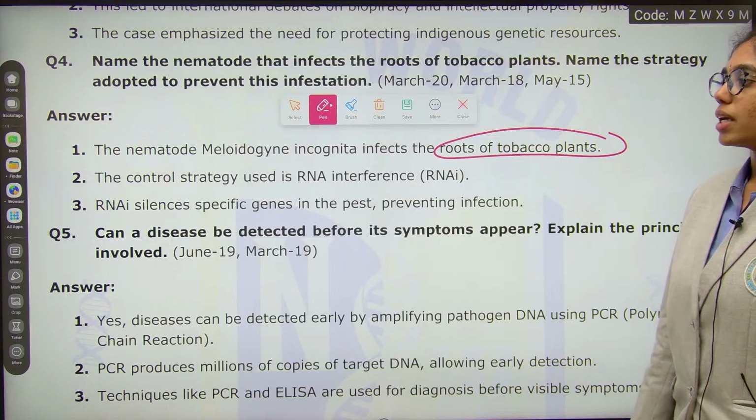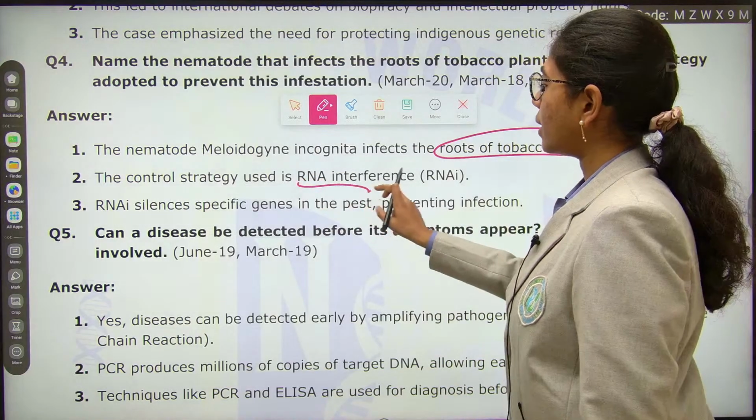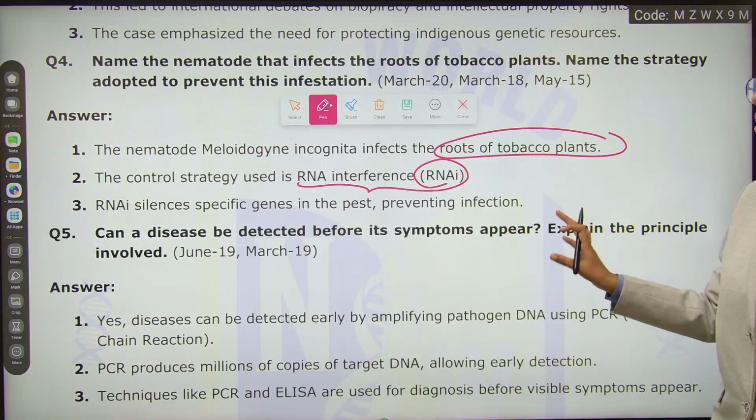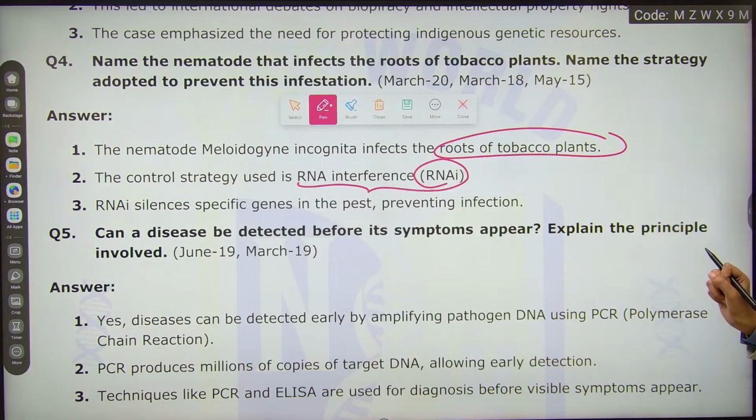The control strategy used is RNA interference, that is RNAi, which silences specific genes in the pest and prevents infection.